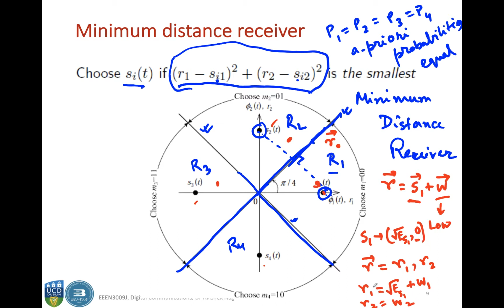Based on this, if you plot your R1 and R2, let's say this term W2 is so high that, let's say this is my W2.